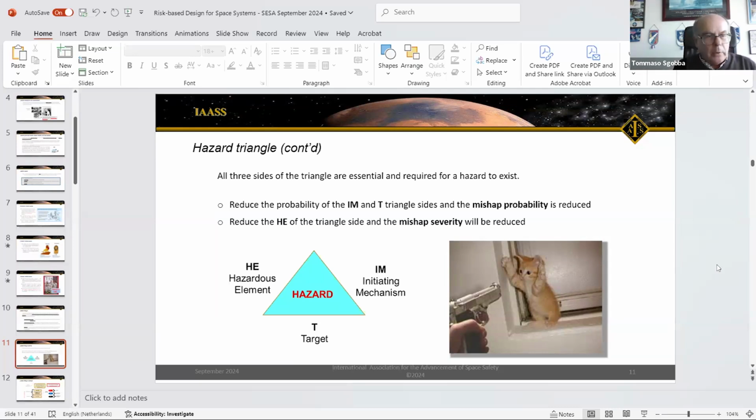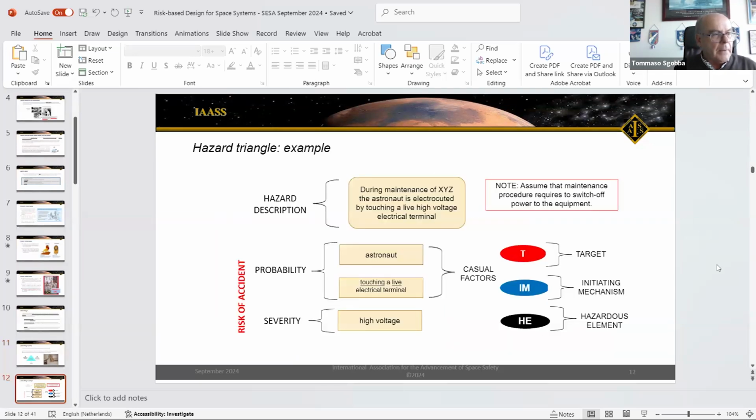Now, this simple example can be very much used to help you identify the components of the hazard, where to act to increase the safety, decrease the probability of an accident, etc. Here, in this slide, I make an example more related to space, saying that during maintenance of a certain equipment on board the space station, the astronaut is electrocuted by touching a live high-voltage electrical terminal.